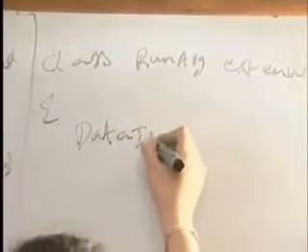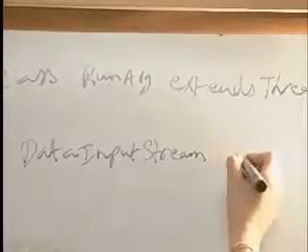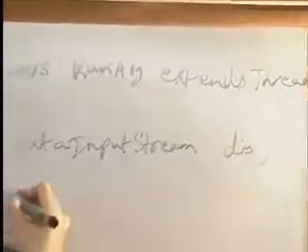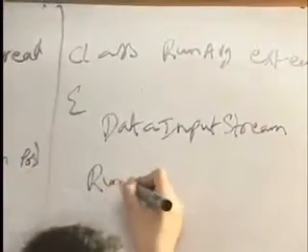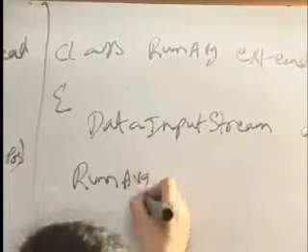In case of RandomRunningAverage, we need the DataInputStream object. This takes a PipedInputStream object as parameter.